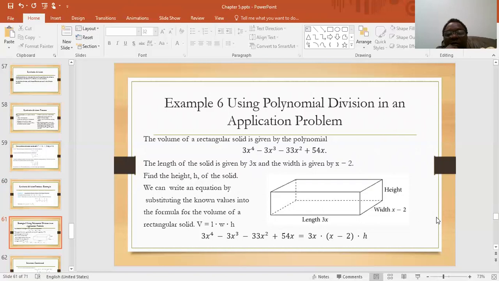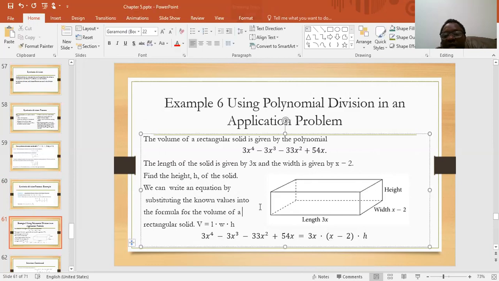So we know that the volume of a rectangular solid is V equals length times width times height. So we are going to use this formula to identify the height. The expression of the volume is equal to 3x times x minus 2 times h. So we are going to solve for h.